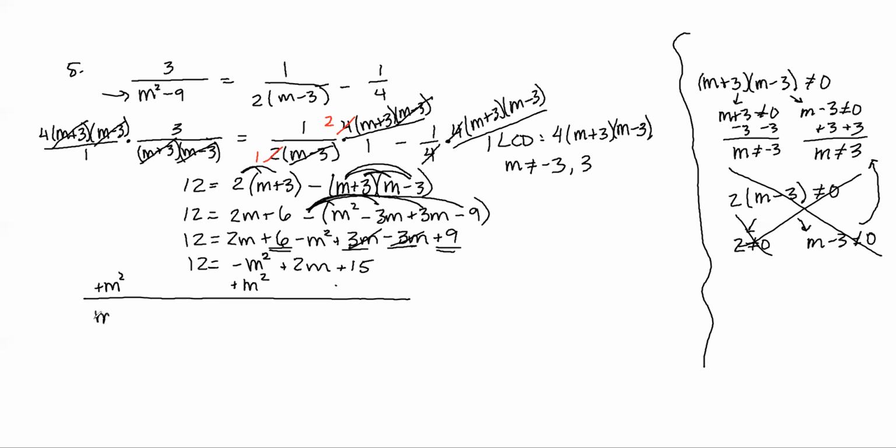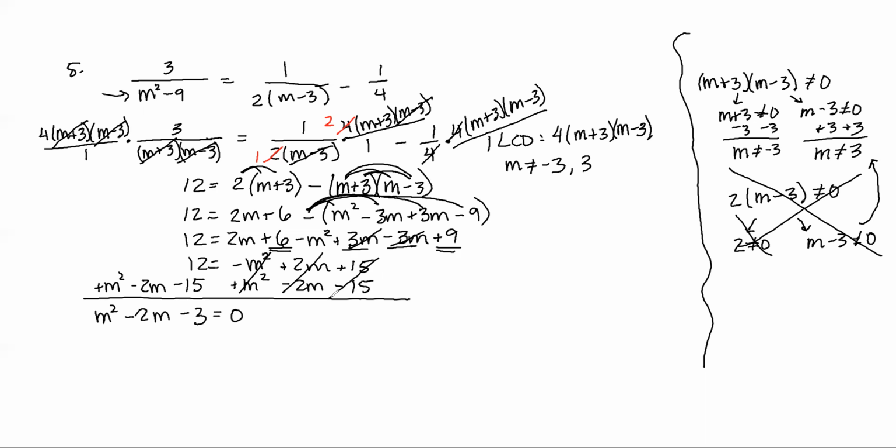So we're going to have a positive m squared. I'm going to move this 2m over to the left, so minus 2m. Again, nothing to combine it with, so minus 2m. And then minus 15. That we can combine with the 12. So we get minus 3 equals 0, because we got rid of all of those terms.